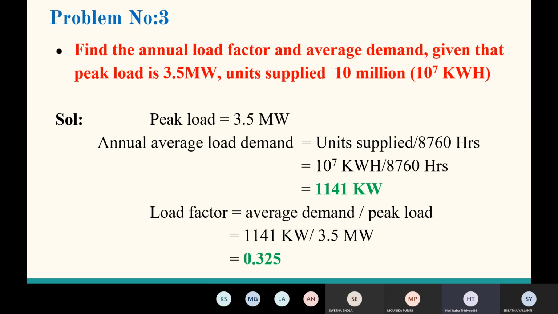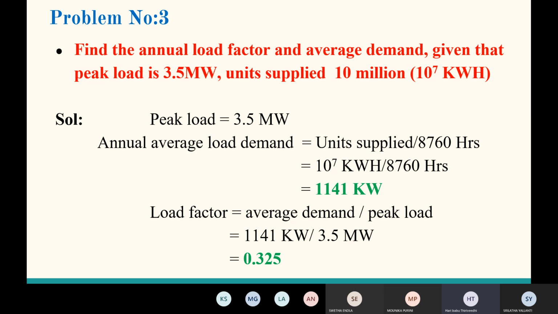So the given peak load is 3.5 megawatt, right? And the number of units generated, or units supplied, is 10 power 7 kilowatt hour. Now first we have to find the average demand or average load. Average load is nothing but the number of units generated or supplied divided by the time taken, be it a month, year or day.